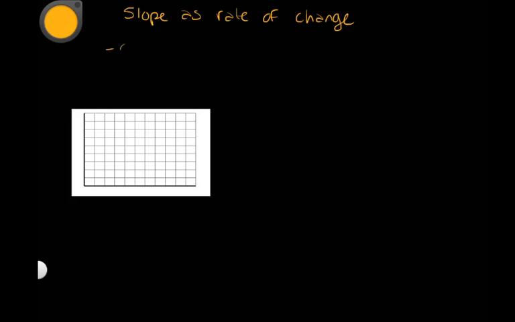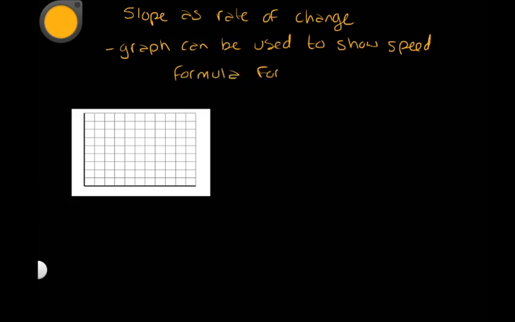So the formula for speed is S equals D over T. So D would be the distance and T would be the time.